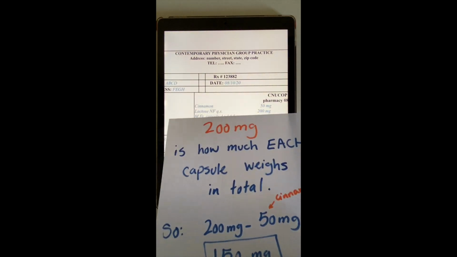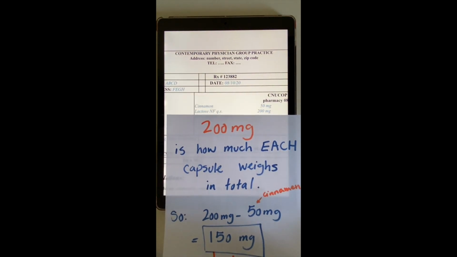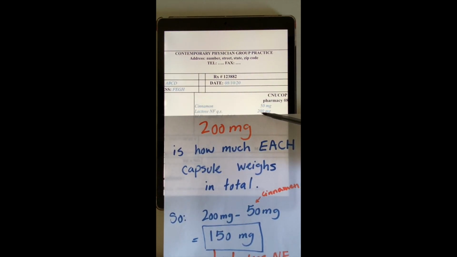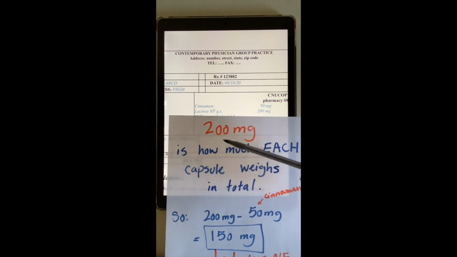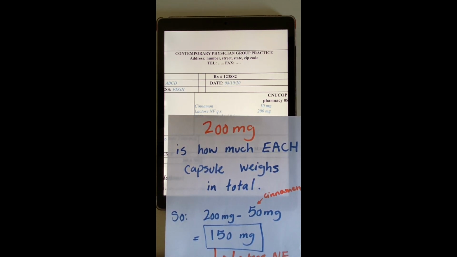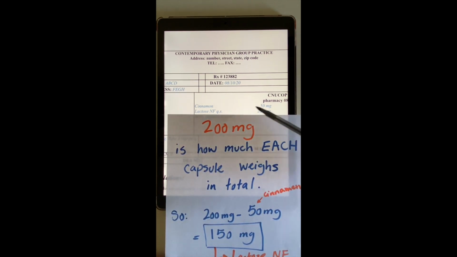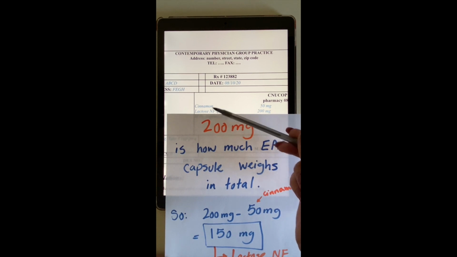To calculate how much lactose NF we need, the 200 milligrams given here means each capsule individually will weigh 200 milligrams total. Then you have 50 milligrams of the cinnamon.